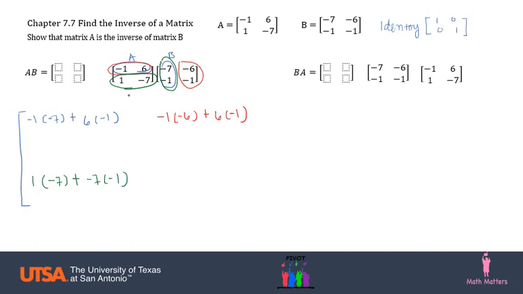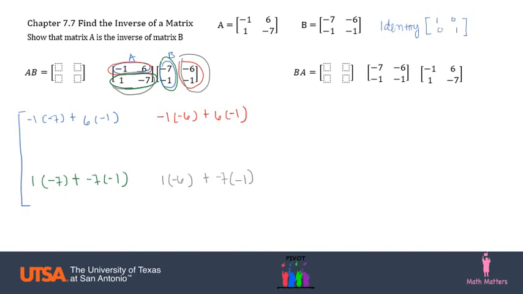And then we're going to do the same thing again. So row 2 times column 2. So you have 1 times negative 6 plus negative 7 times negative 1.